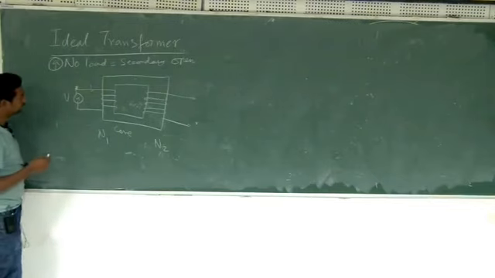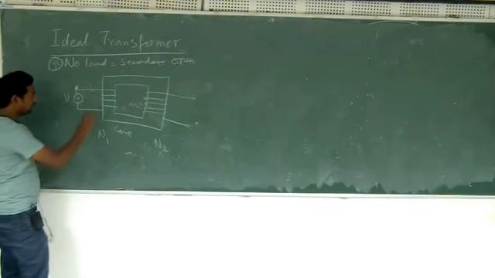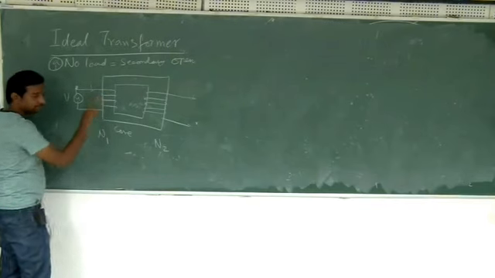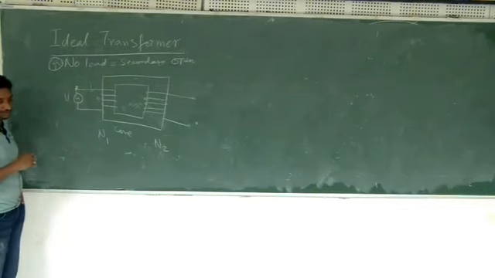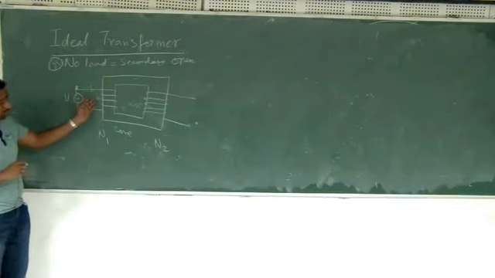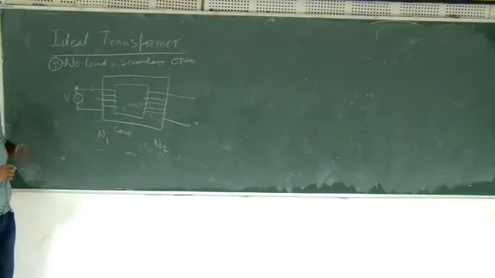Why? Because it's purely inductive. Okay. Will there be any EMF induced in this? How much will that be? Will be exactly equal to V. Whatever V you are applying, the same EMF E will be induced here, and then you will get I.